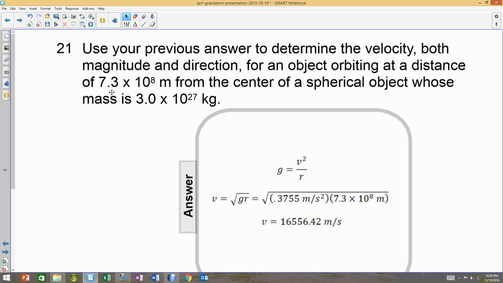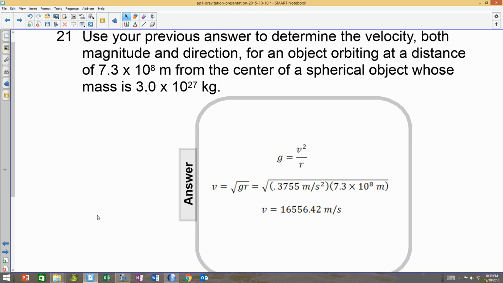If we count it as a constant, then our answer should only have 4 significant digits from this answer here. And so that ends up giving us 16.6 or 16.56 kilometers per second. So be careful with the sig figs.